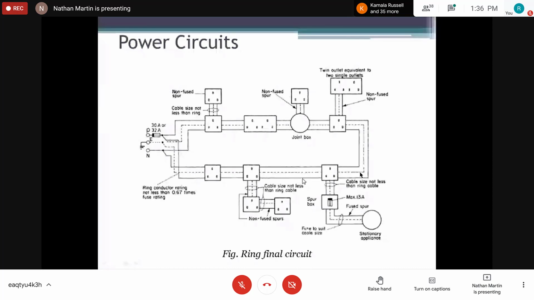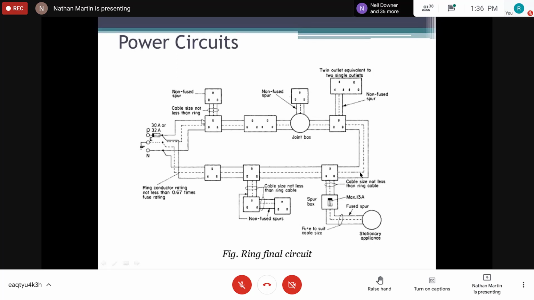So if we're talking about a sensitive area where you have computers and so forth, this type of circuit will be more beneficial than that of a radial circuit, right? And we can maximize the number of circuits that are placed on this type of connection. Just to elaborate, the branch circuits from here are known as spurs.